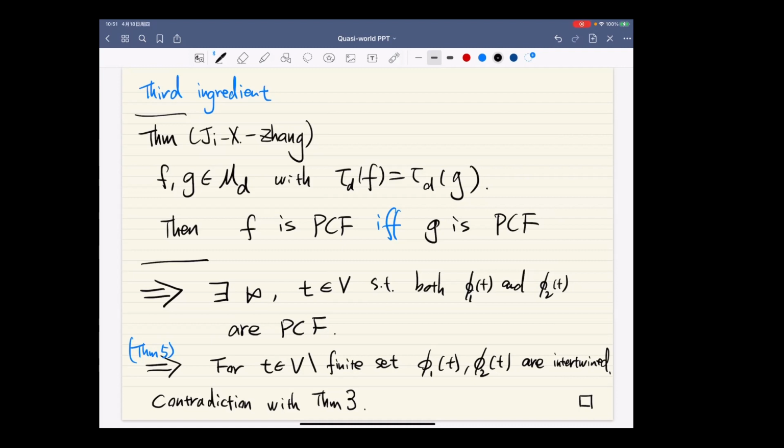But if F is PCF, then all the multipliers are in fact algebraic. So these multipliers are defined in Q bar, and we have a known map from Q bar.